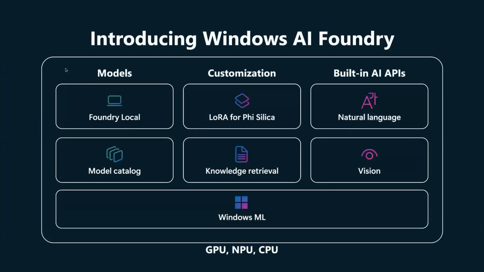So basically, Windows AI Foundry is a suite of local AI APIs that enables developers to add AI-powered features in their Windows applications. And this is very interesting because you have pre-built models there. For example, Phi Silica, you can use for text generation. You have image detection.